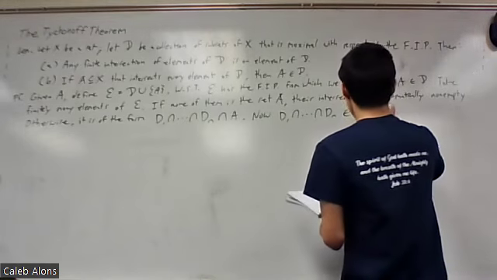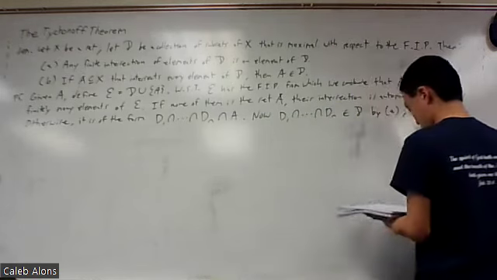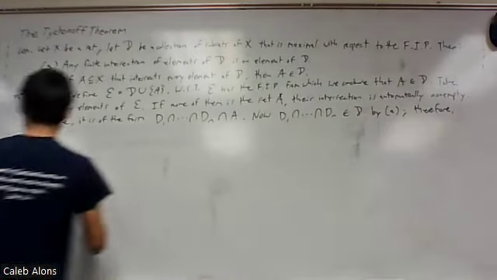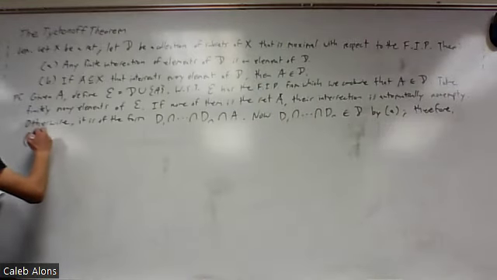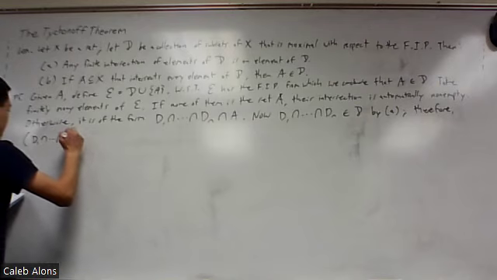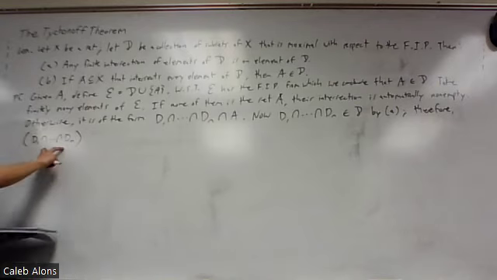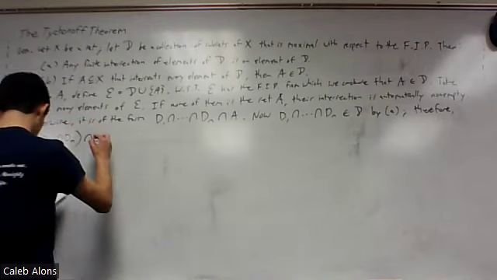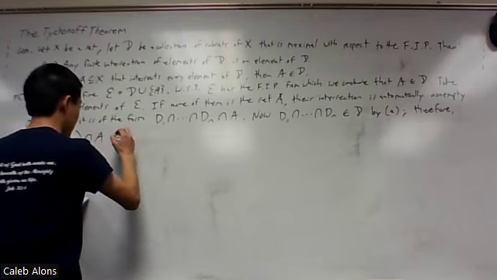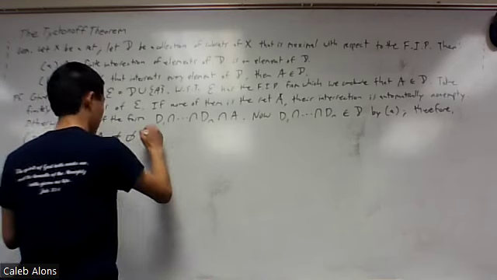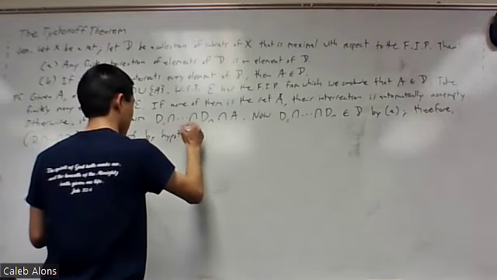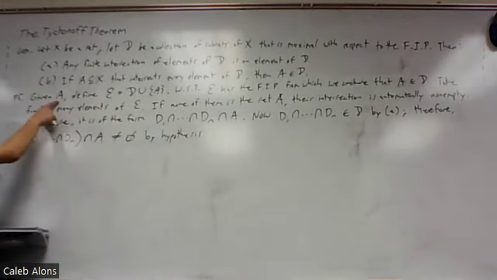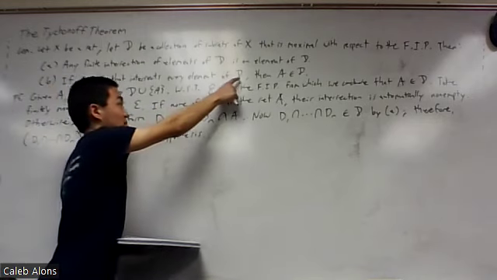Let me cite that so far. I'm going to put parentheses here so you can see it. If we think of D1 up to Dn as an element that is contained in D, then intersecting with A is not going to be empty by hypothesis. The very hypothesis on A is that it's always going to share something with the collection.